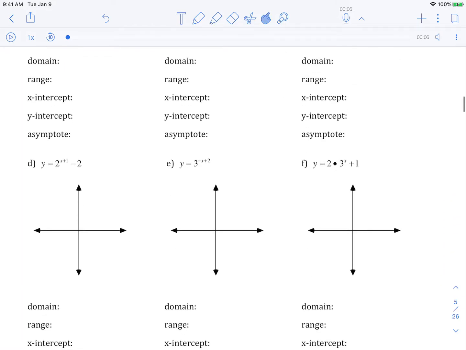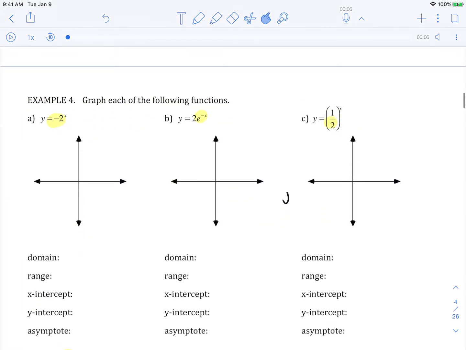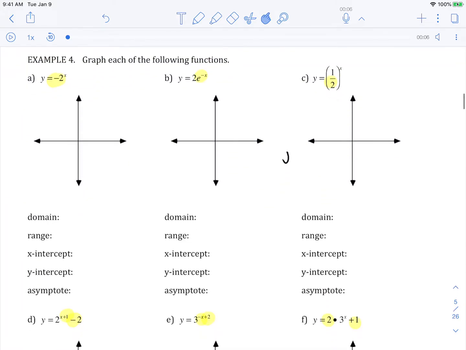Down here, we have a shift. Here's another shift with a reflection. And here is a shift and a vertical stretch. So the stuff that you maybe were hoping that you could get rid of and never have to deal with again, no way. We are going back to it. We're going to be focusing on it, and we're working on this, okay?